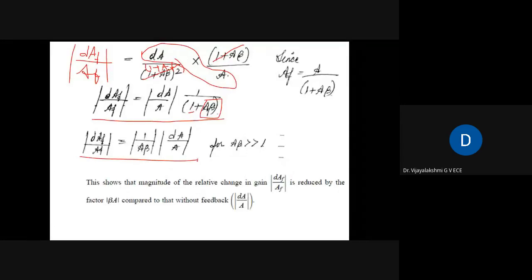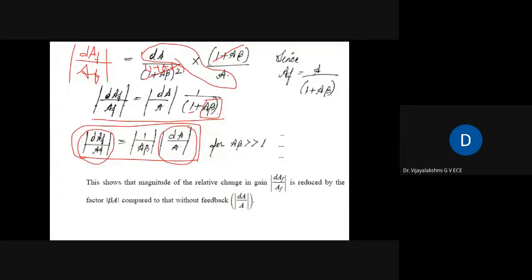So what can you understand from this? In this equation, if you observe, this element refers to the variation in the gain with feedback. Okay, variation in the gain with feedback. Whereas this parameter indicates the variation in the gain without feedback.